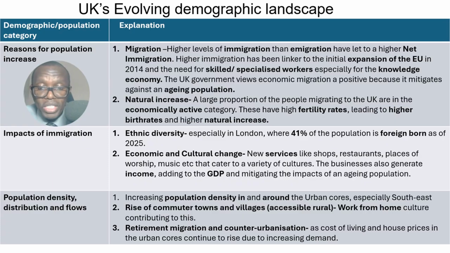So fertility rates refers to the number of children per woman. And they have high fertility rates because obviously they're in that younger category and are likely to have a family, and that then leads to higher birth rates and then to a natural increase within the population.